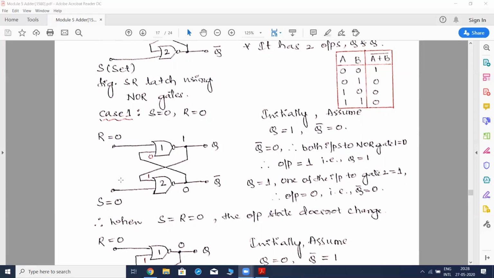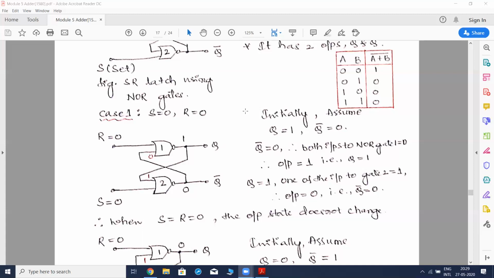In order to show this particular case where S and R are both zero, we need to assume initially what Q and Q bar are. Because the inputs are the same here, we assume Q as 1 and Q bar as 0.